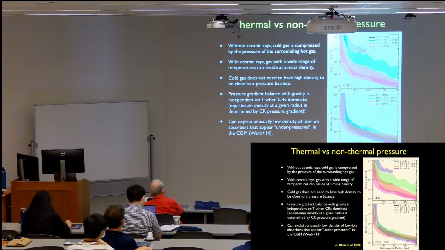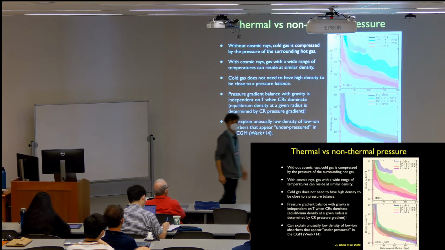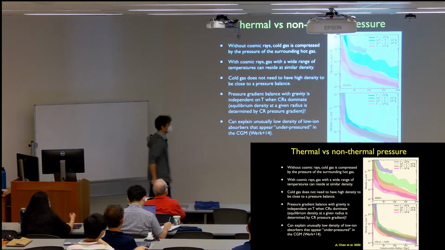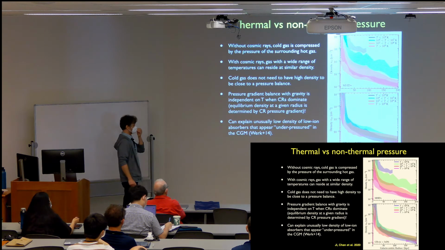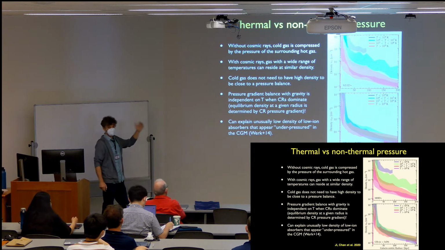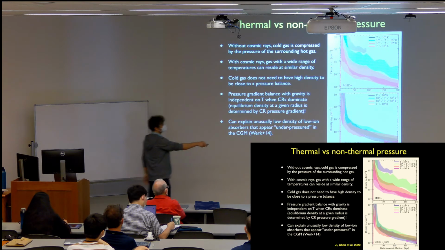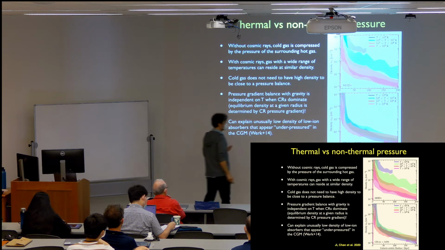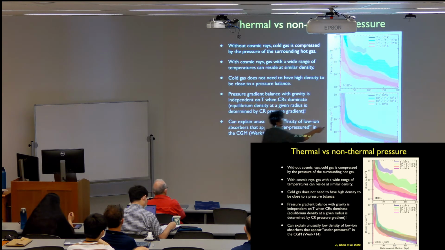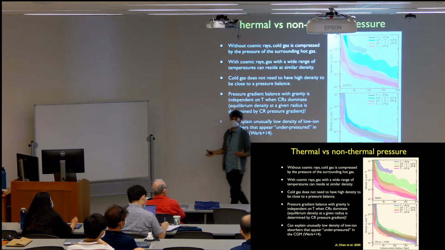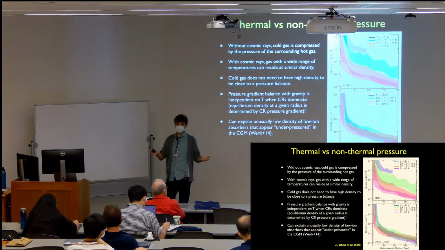Now the thermal pressure is subdominant. Cosmic ray pressure determines what happens in the halo. So you can have these phases coexisting at the same density. There's actually an analytic solution for what density will be in perfect balance with the cosmic ray pressure gradient, and that's roughly this density here. So it's this weird case where you can have cold clumps or clouds that are equally dense as the hot surrounding medium.